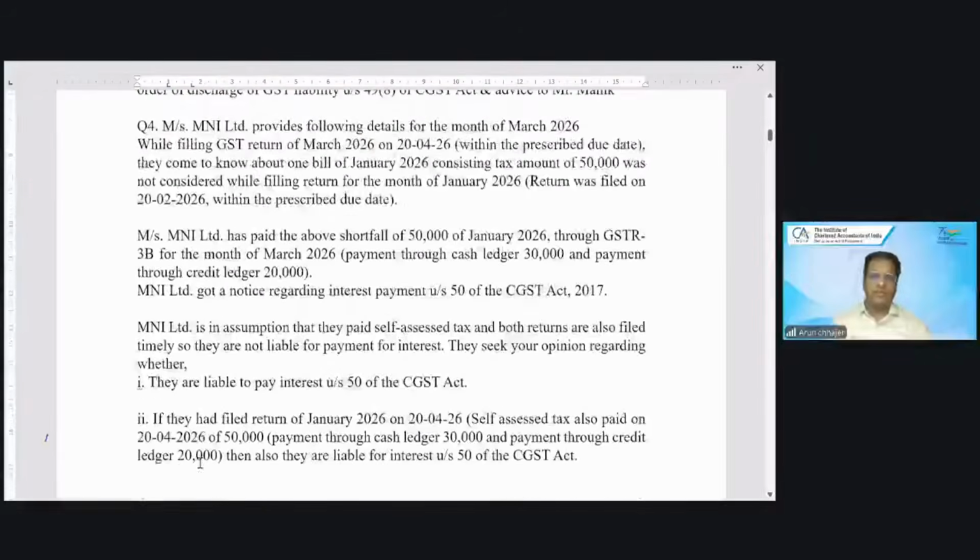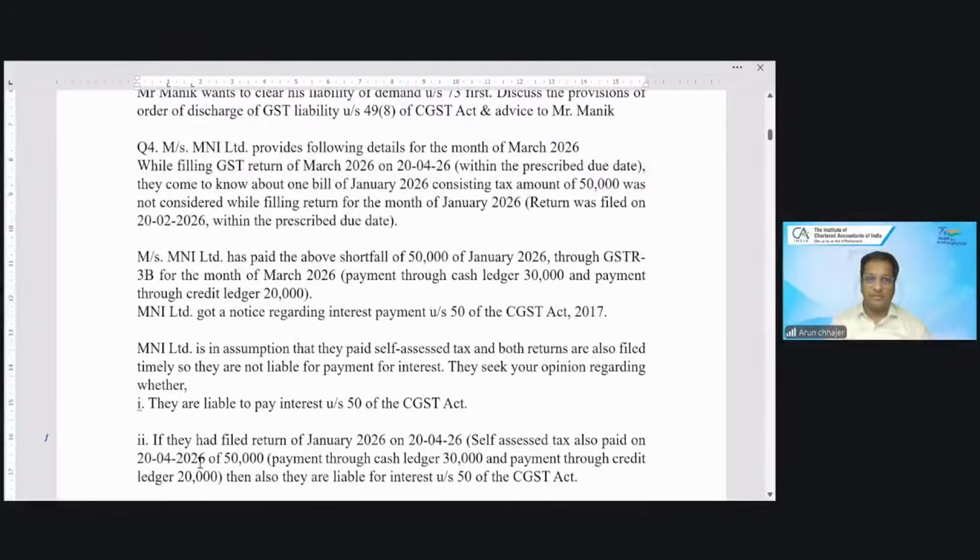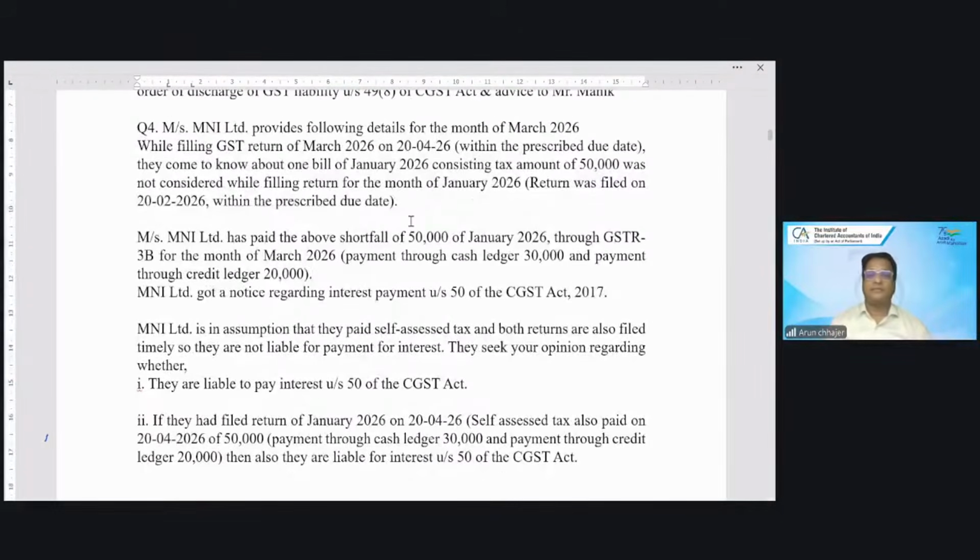Oh, this is a slightly big question. I hope it is appearing on the screen, right? Let's read the question. Messrs. MNI provide the following details for the month of March 2026.